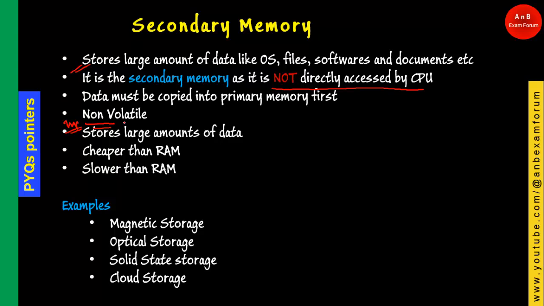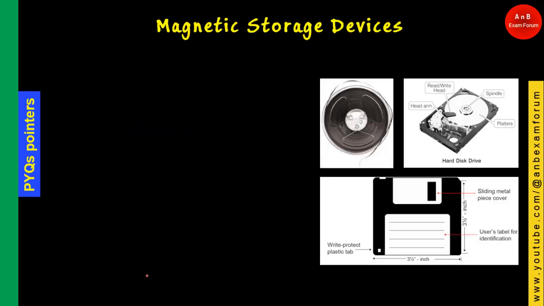And the examples you should remember, there are four examples of secondary memory: magnetic storage, optical storage, solid state storage and cloud storage. We are going to see each and every storage in the upcoming slides. In the magnetic storage, the first thing you should remember is that it uses magnetism to read and write the data.